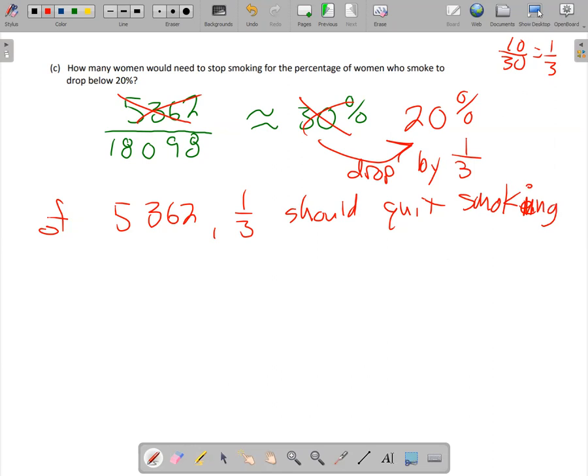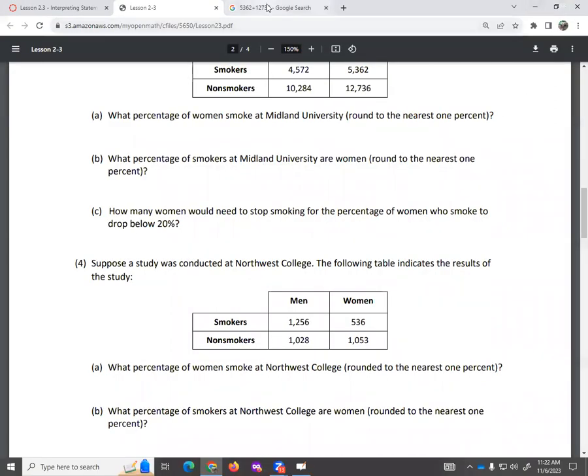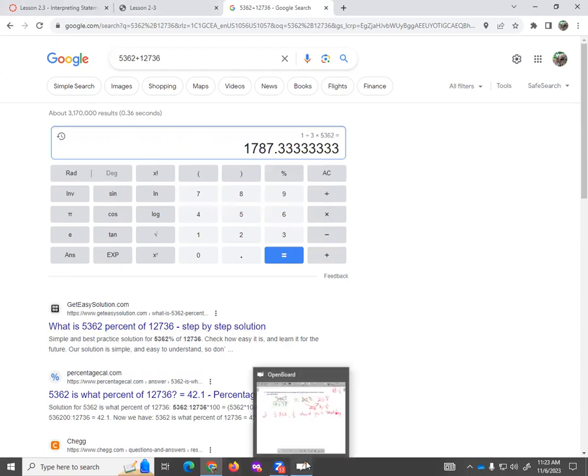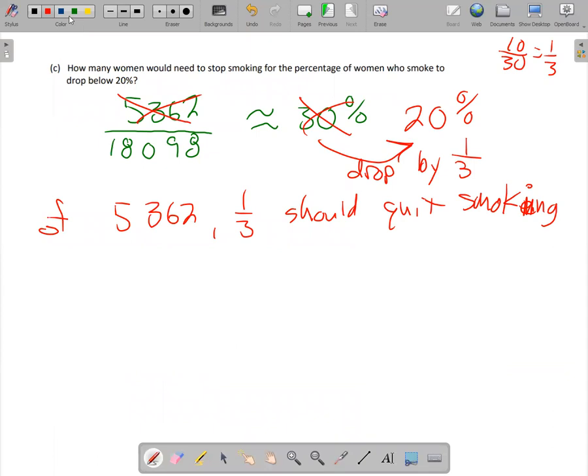On the calculator, I want to know what is 1/3 times 5,362, and I get about, let's call it about 1,800, roughly. And then let's check to see if that works. So back to my notes. About 1,800 women should quit.